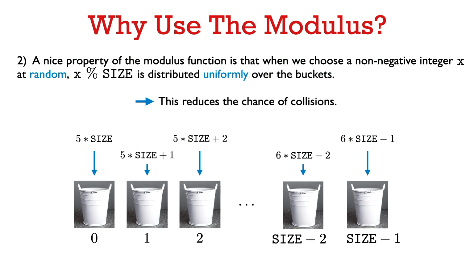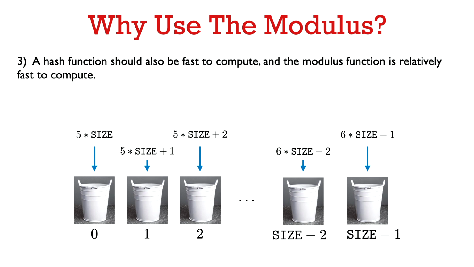And this is a very good property for a hash function to have. This is going to reduce the chance of collisions amongst the inputs. Finally, we want the hash function to be fast to compute. Ultimately, we want to be able to compute the hash function in constant time. So the modulus function satisfies this as well.